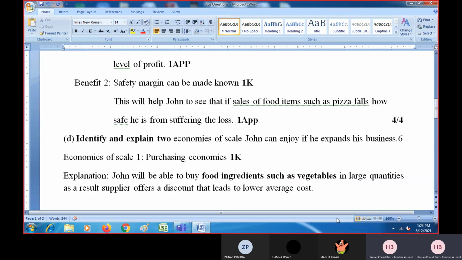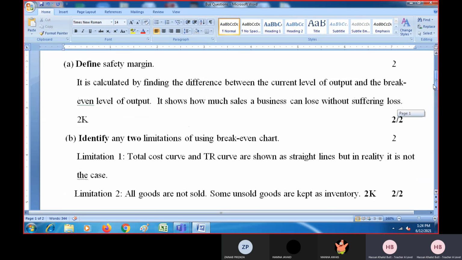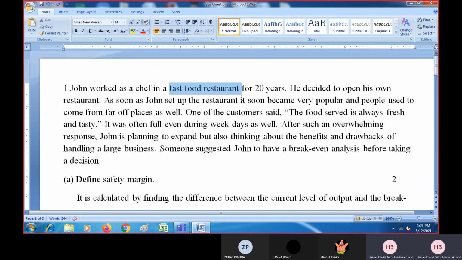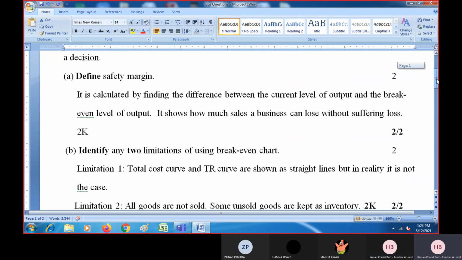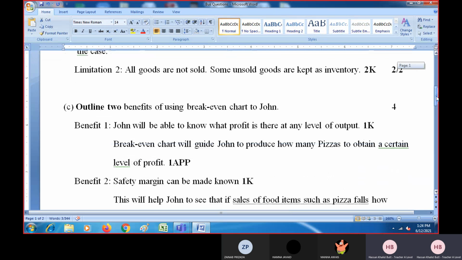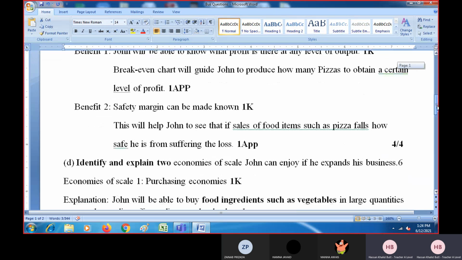And our context is the restaurant business. It's written that it's a fast food restaurant. So vegetables might be one of the food ingredients there, the food they serve to their customers. So this is application. Let me write it there.